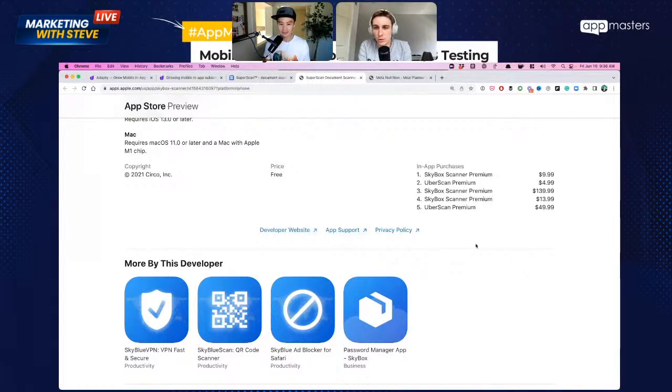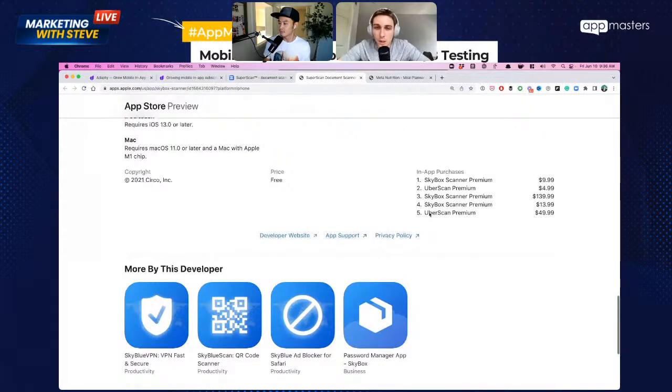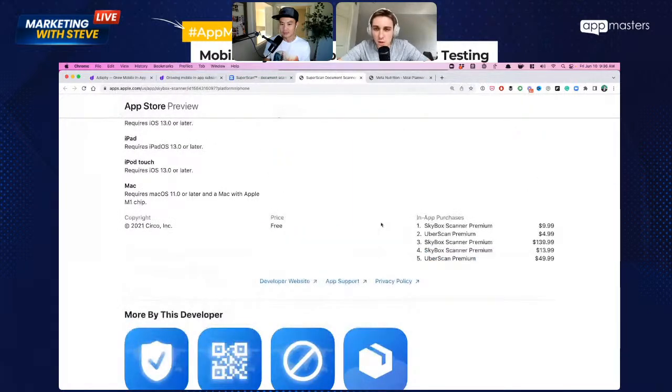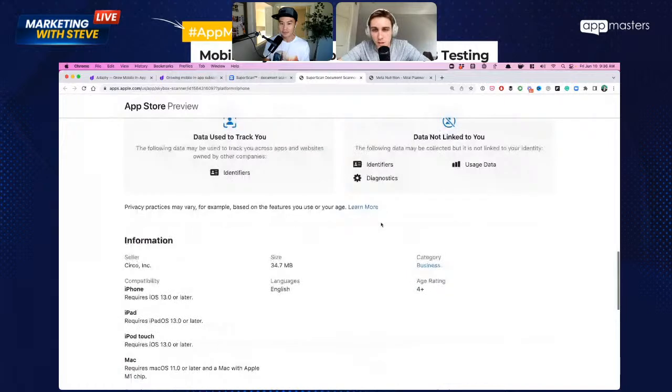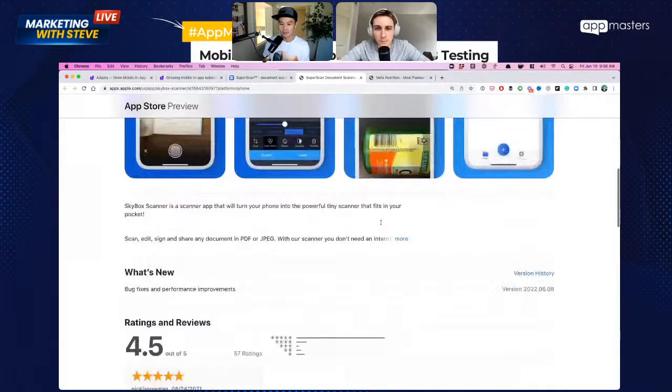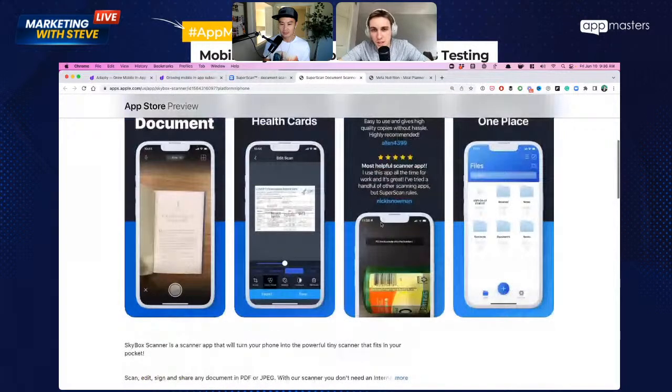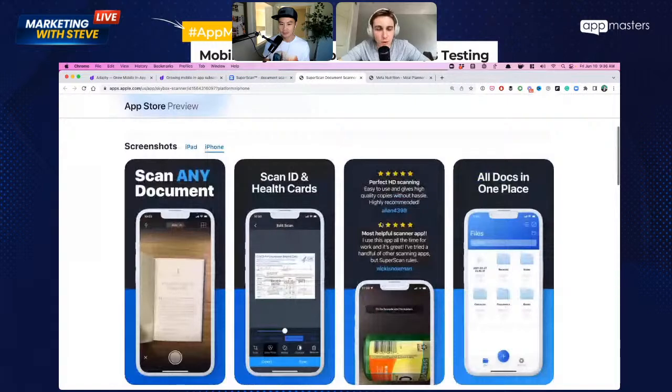Probably he's already been doing some A/B testing. Probably $9.99 is a monthly subscription, and the experiment meant to be increasing the price by 40%, but I'm not sure, of course. Maybe it's a legacy, because the Skybox name is a little bit different from scanning. So we have some assumptions here.